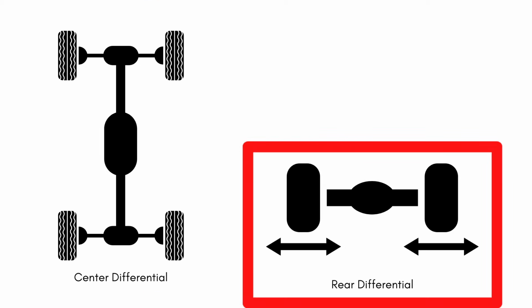When you lock the rear differential, that splits the rear power half and half from one side of the vehicle to the other. So if one wheel is off the ground and spinning with no traction, the other wheel will still have power and help you to be able to maneuver out of that difficult situation.